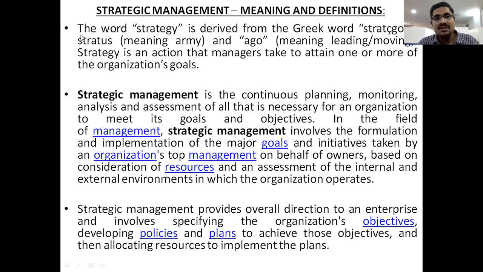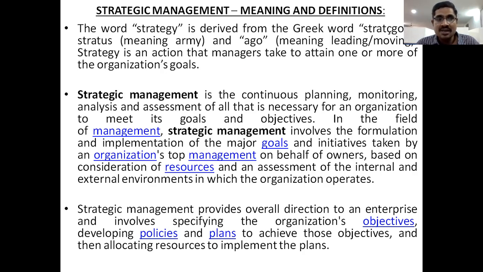So first of all, this strategy word and this strategic management planning is used in the militaries and the war situations. Those excellent, superb plans are used and they win in the wars, right?